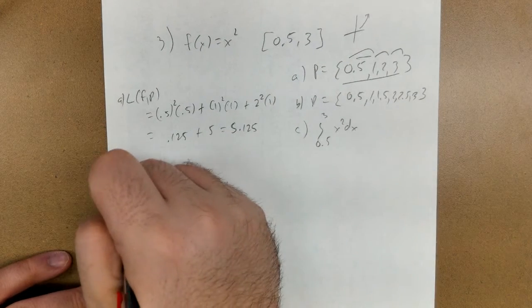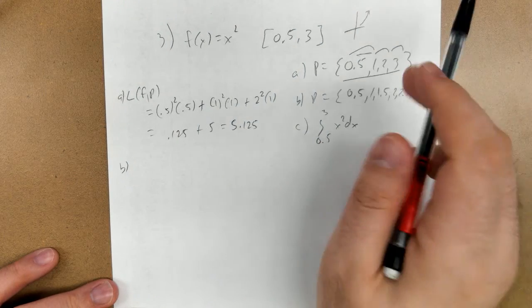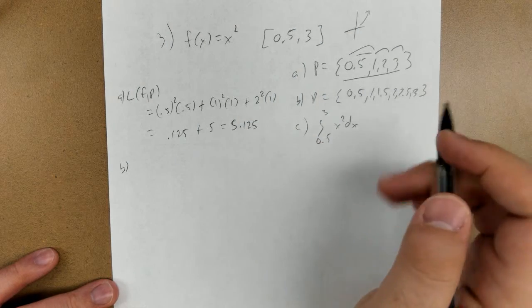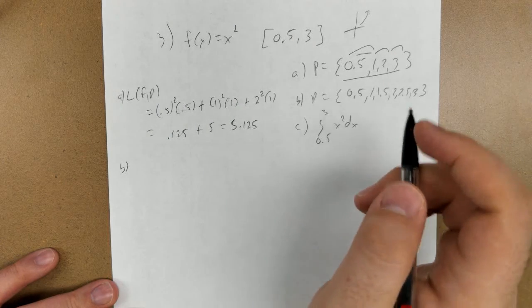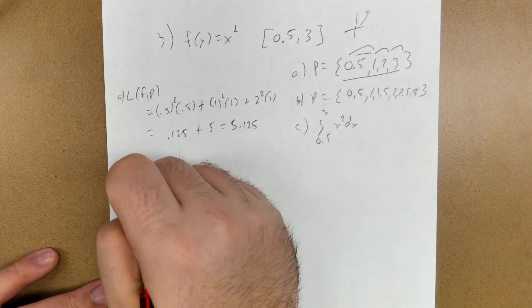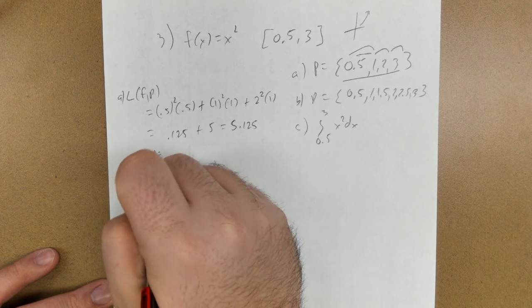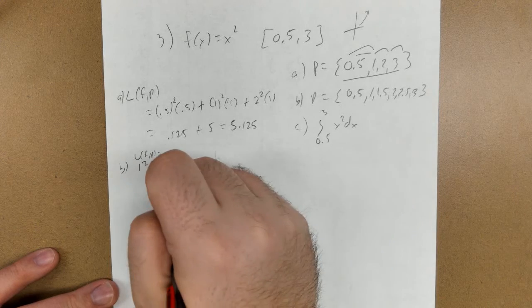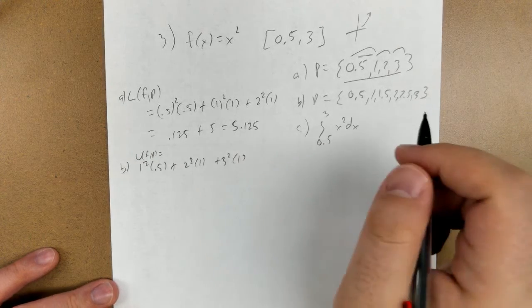Okay, so for my upper sum, because this function goes up to the right, I'm going to use the right hand for each of these intervals. So same idea, but I'm changing the values. I'm using 1, 2, and 3. So 1 squared, and then width of 0.5 for that first region, 2 squared, width of 1, 3 squared, width of 1.